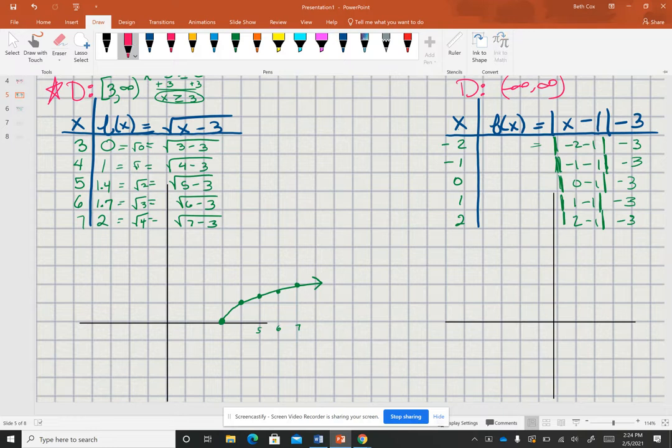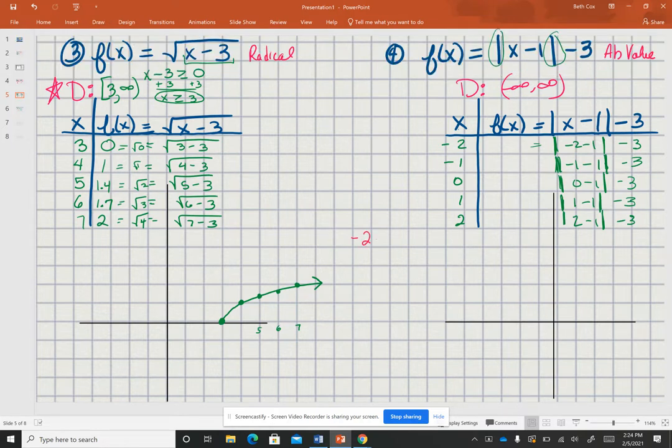-2 minus 1, negative 2 minus 1, absolute value, then minus 3. Okay, negative 2 minus 1 is negative 3. The absolute value of negative 3, remember the absolute value makes the negative disappear, is 3. And 3 minus 3 is going to give me 0.